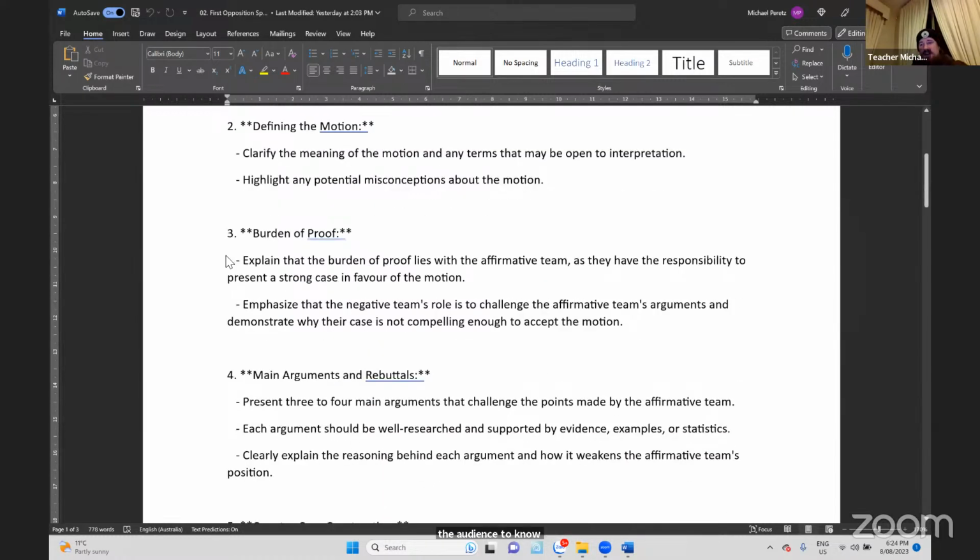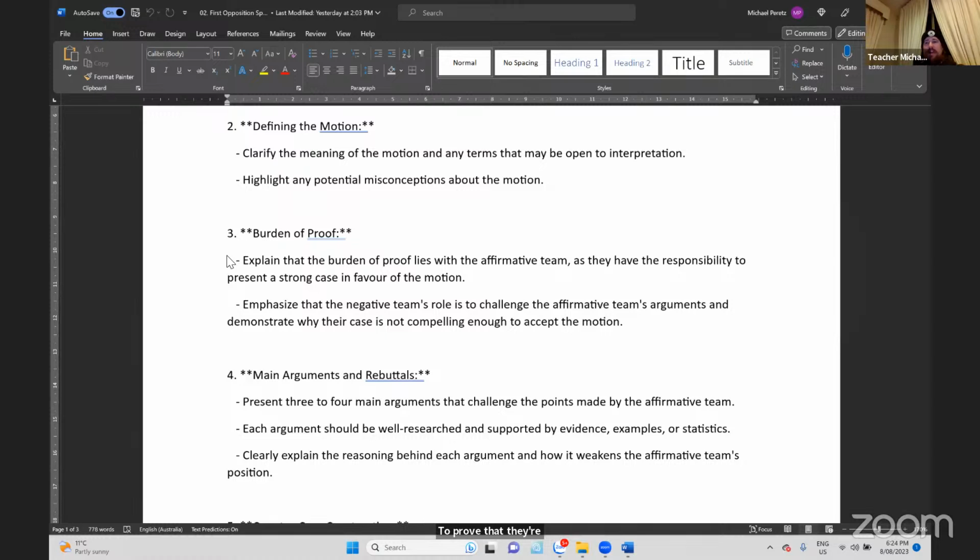Next, we have something called the burden of proof. Similarly to a court case being defended, it's not up to the person being charged with something to prove that they're innocent.